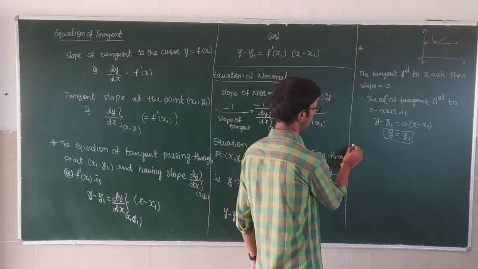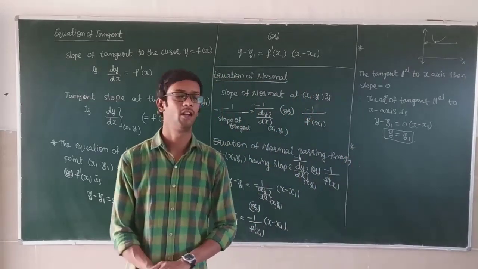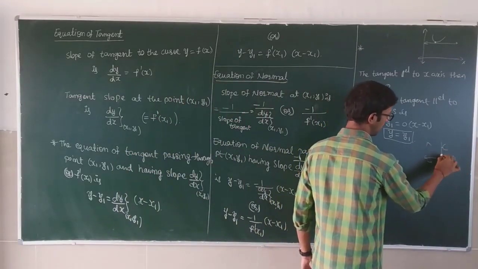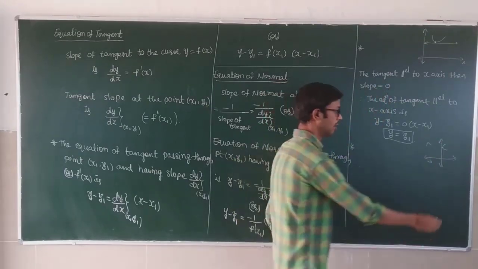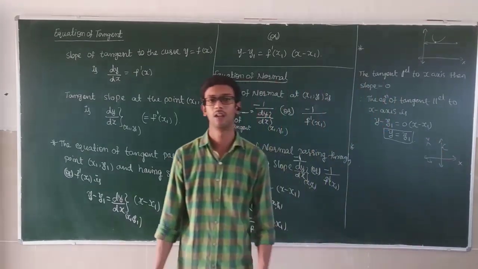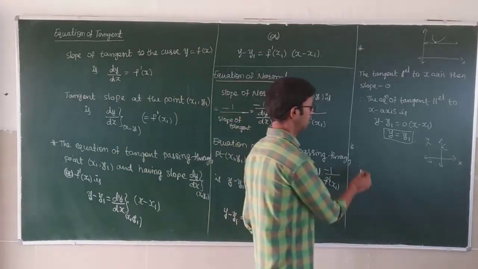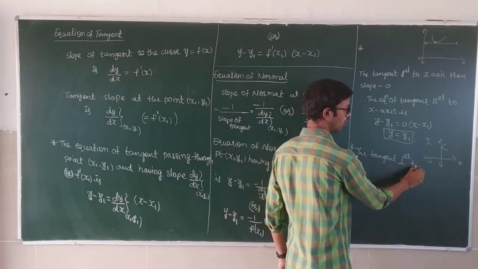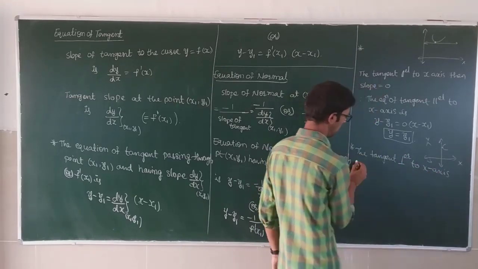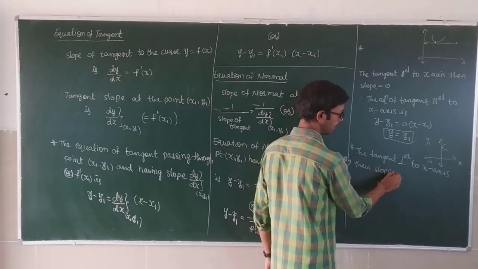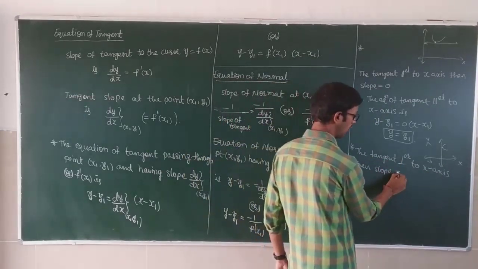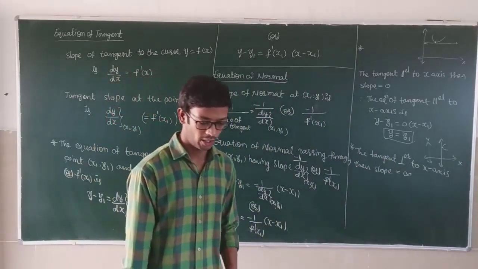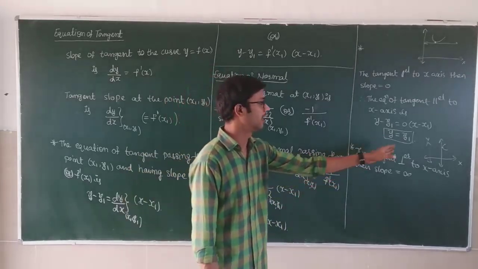Next point. If a tangent line is perpendicular to the x-axis, or parallel to the y-axis, then the slope is equal to infinity, not defined. Why? Because the angle theta is 90 degrees.